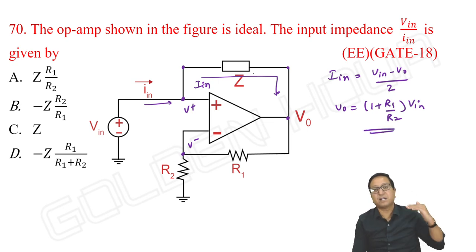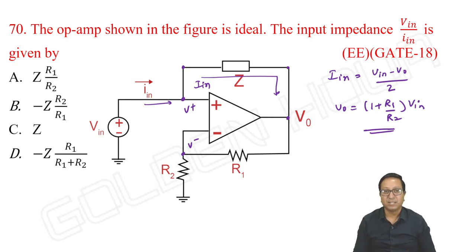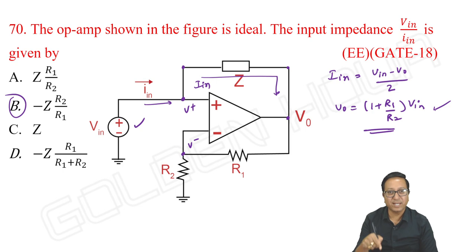But you are assuming the current from lower potential to higher potential, V input to V output. Obviously, I input should be negative. V input may be positive, but as I input is negative, V input by I input, the result should be negative. You cannot get a positive value. It's as simple as that. Output is greater than input. That's why you are getting I input as negative. So lower potential to higher potential, the current should be negative.